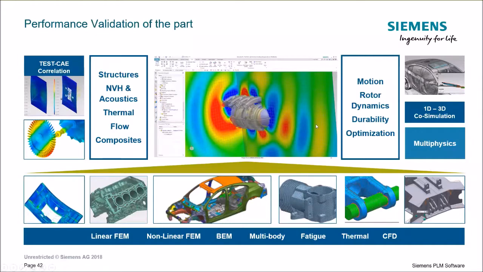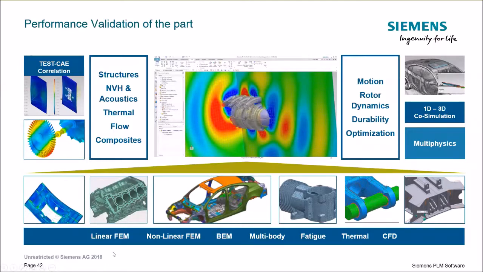And you can definitely take the results out of this dynamic analysis and go further to some durability assessment, for example. There are many other areas in which you can also perform studies. And for instance, in the case of the automotive industry, it's very interesting and important to have the possibility of assessing NVH and acoustic phenomena.